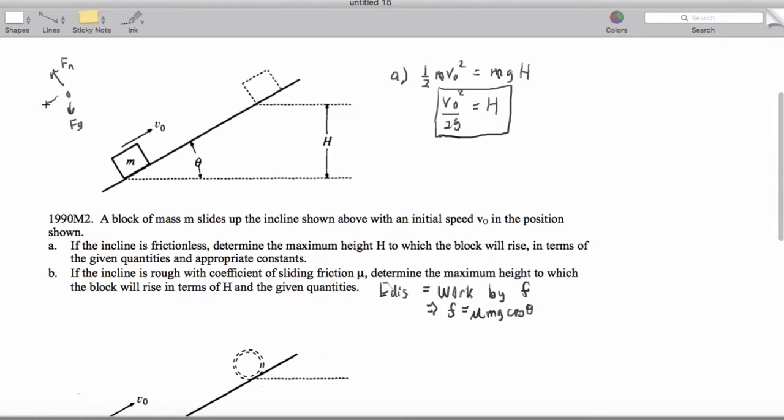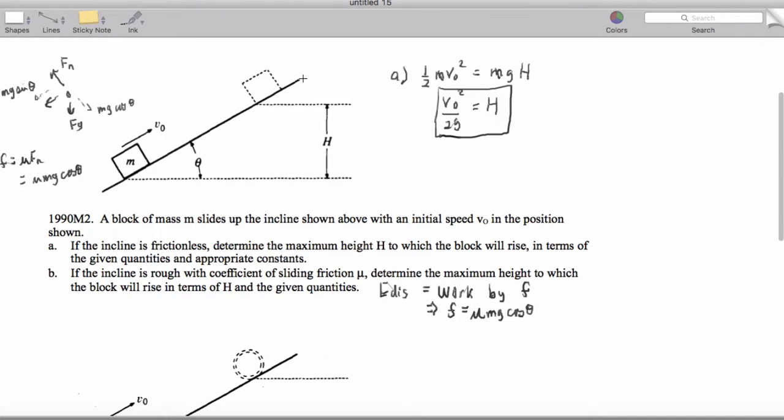We have the friction force going this way, and we can split Fg into two components, mg cos theta, mg sine theta. And so we can actually say that the force of friction is mu times the normal force. And so that's going to be mu mg cosine of theta.